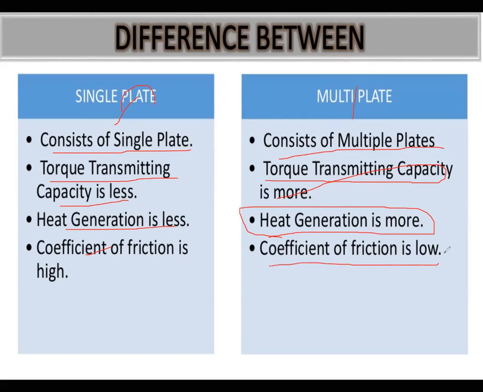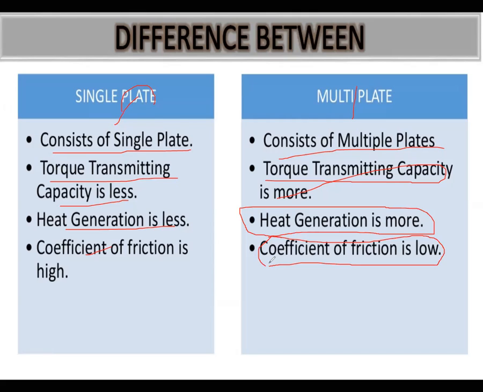The kind of friction material is low. So these are some differences between the single plate clutch and the multi-plate clutch. The multi-plate clutch is nothing but the plates increased to more than two. After that, the principle is the same.